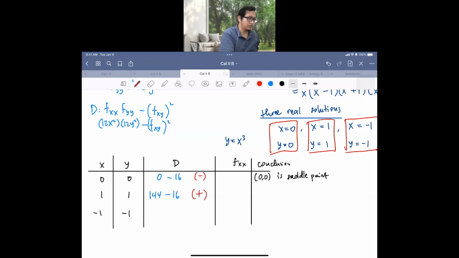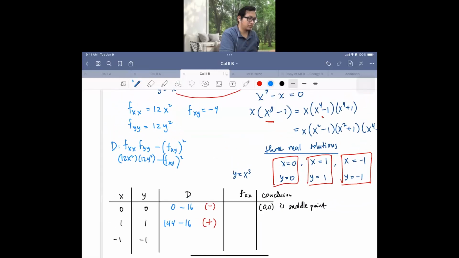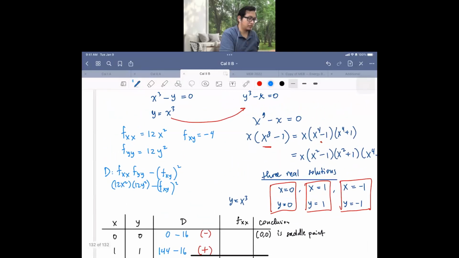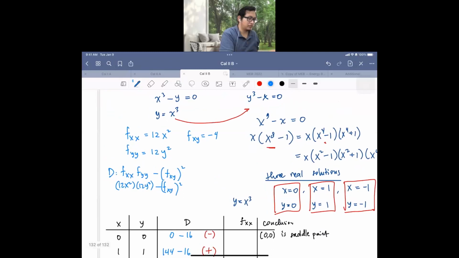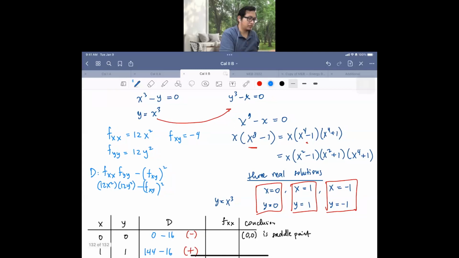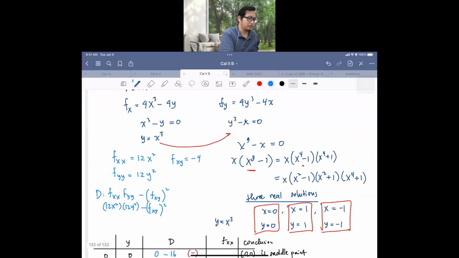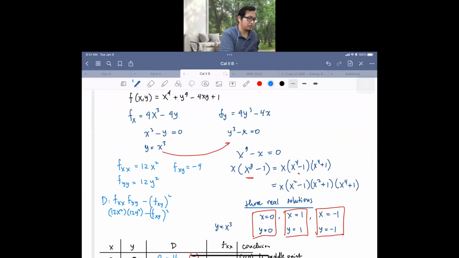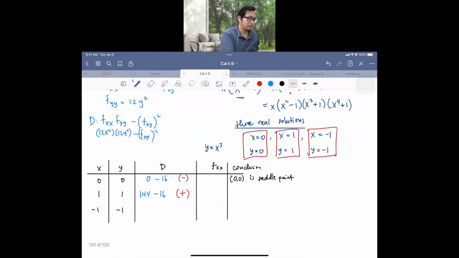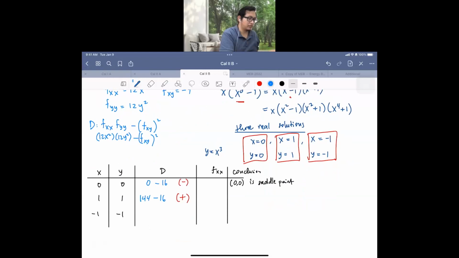But let's check whether partial xx is positive.